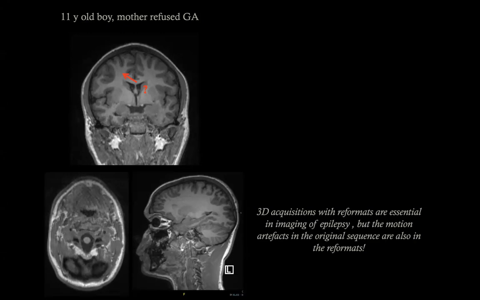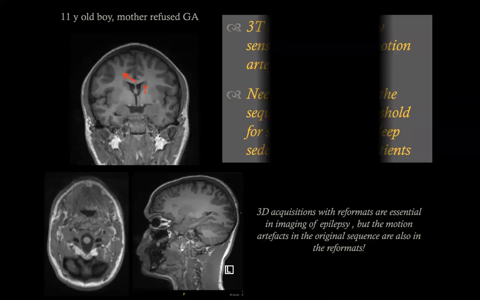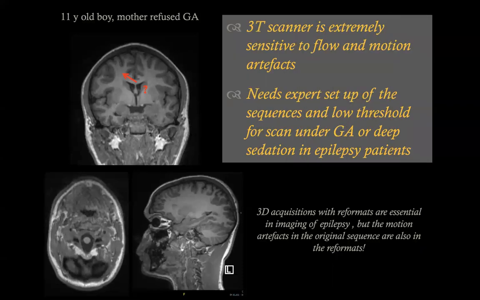signal to noise, spatial resolution, which is very high. But of course, you can have a lot of problems. So you need to reduce the artifact as much as possible in the epilepsy imaging. And this means that, for instance, you need to have a very, very low threshold for scan under general anesthesia or deep sedation in these children, because a scan like that is acceptable if you have tumor, for instance.